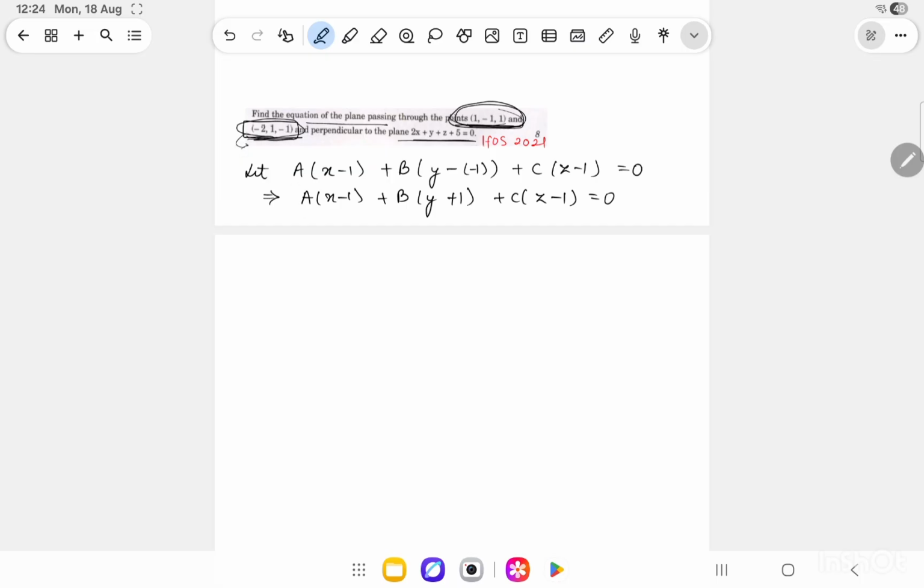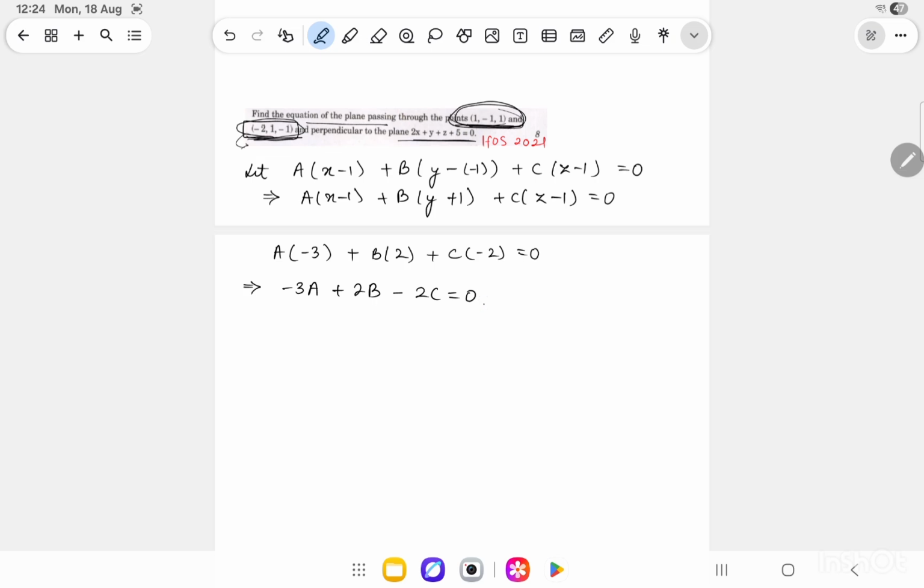Since this plane passes through this point as well, this point must satisfy this equation. So substituting the values x equals to minus 2, y equals to 1 and z equals to minus 1, I'll get A into minus 3 plus B into 2 plus C into minus 2 equals to 0, which is minus 3A plus 2B minus 2C equals to 0.